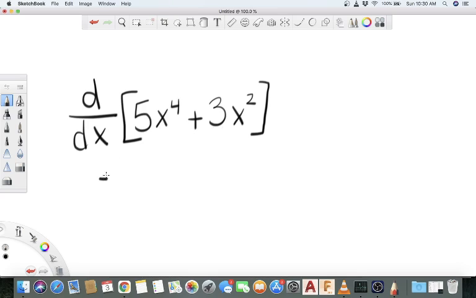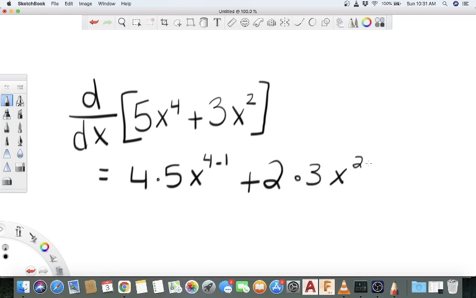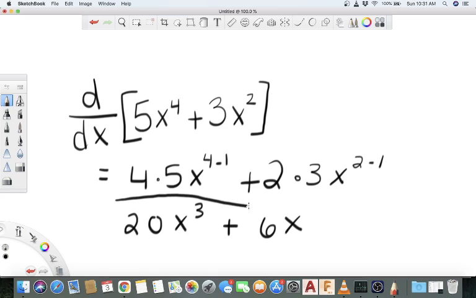So the derivative would equal 4 times 5x raised to the power of 4 minus 1 plus 2 times 3x raised to the power of 2 minus 1. So that would equal 20x cubed plus 6x. And that would be your final answer. That right there is the derivative of 5x to the fourth plus 3x squared.